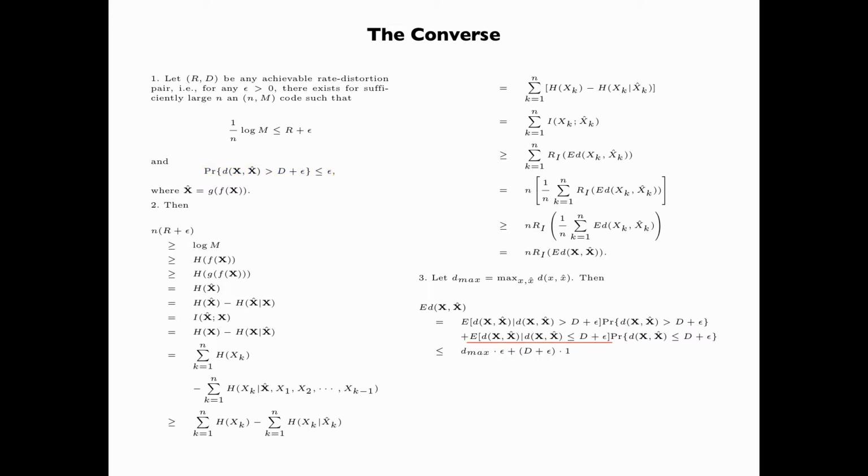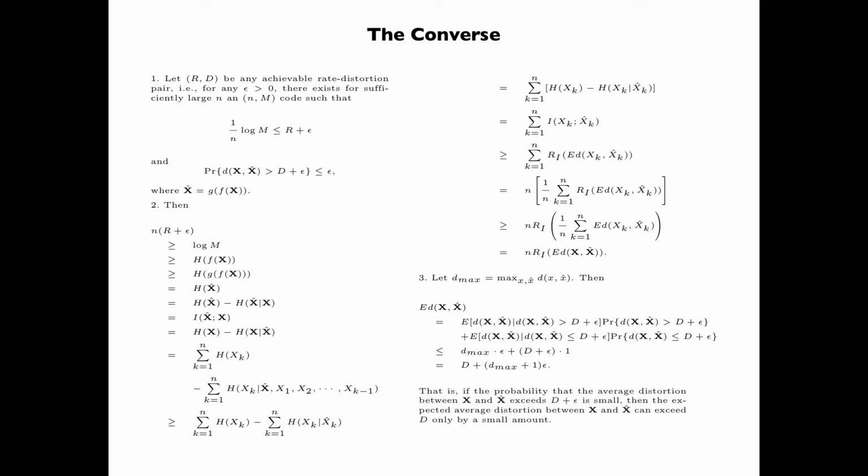And the expectation of d(x, x hat) given d(x, x hat) is less than or equal to D plus epsilon evidently is less than or equal to D plus epsilon, and the probability that d(x, x hat) is less than or equal to D plus epsilon is upper bounded by 1. And so we obtain the upper bound D plus (d_max plus 1) times epsilon.